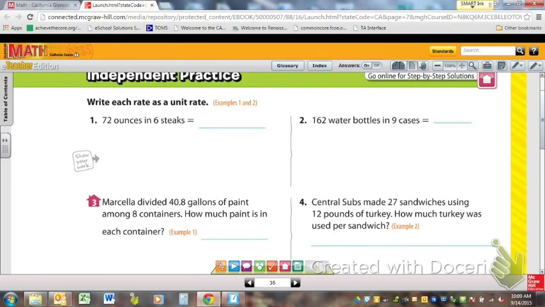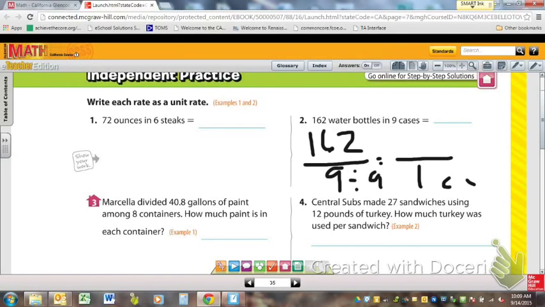Some of these we did in class together, but for number 2 it says 162 water bottles in 9 cases. So I want to find out how many water bottles are in 1 case. So 162 over 9. I'm going to get the unit rate for the denominator, so 9 divided by 9 is 1.